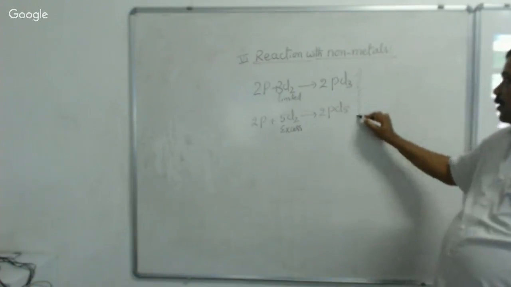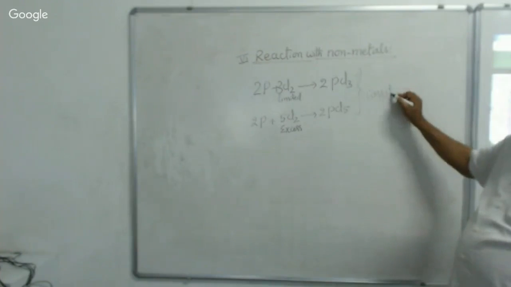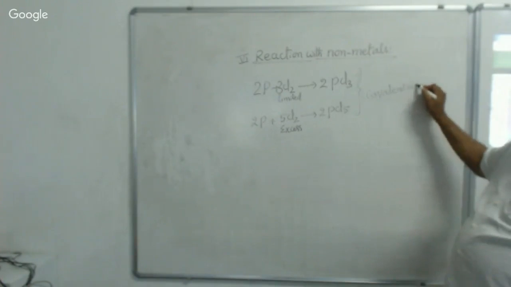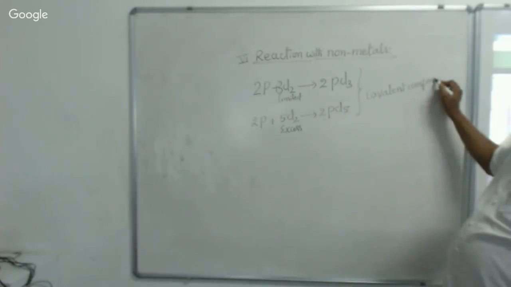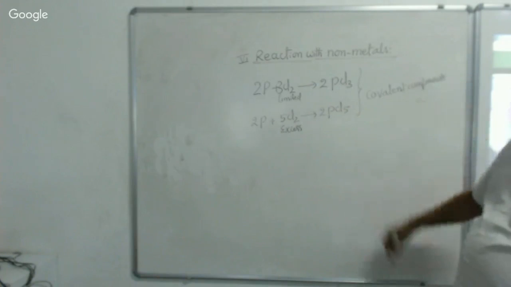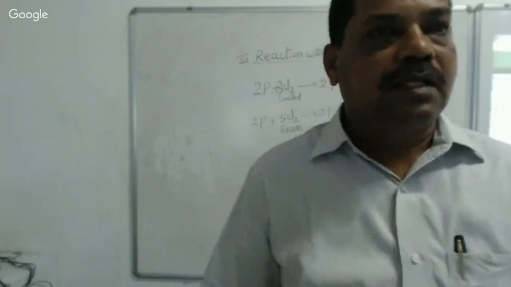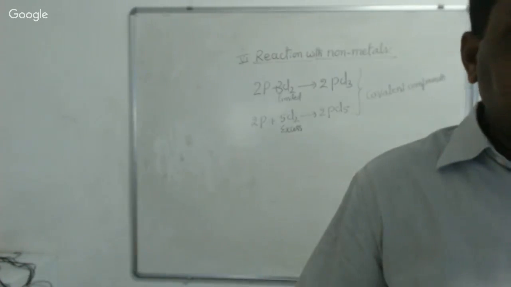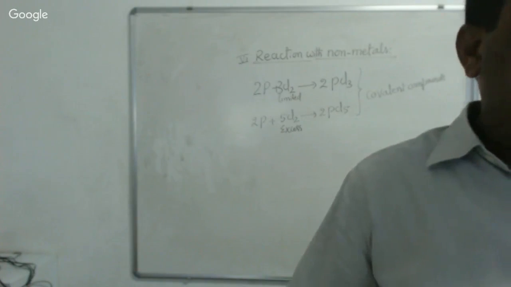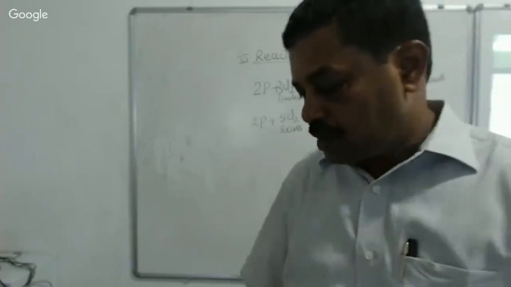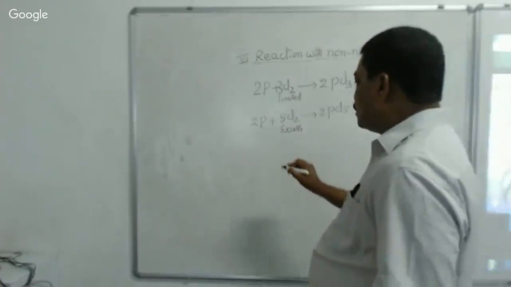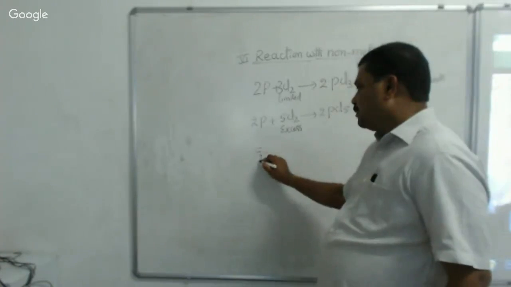So PCl3 and PCl5 are covalent compounds. Whenever halogens react with other non-metals, what type of compounds are formed? Covalent compounds.